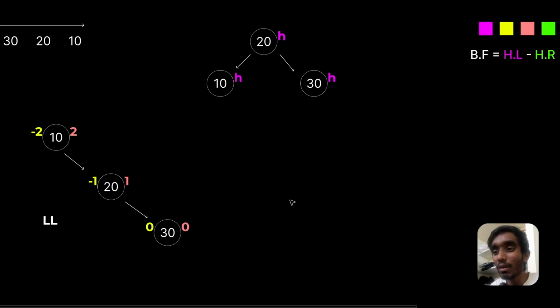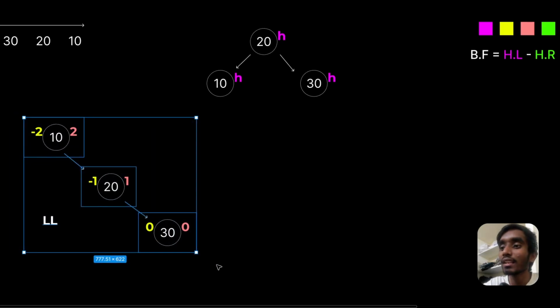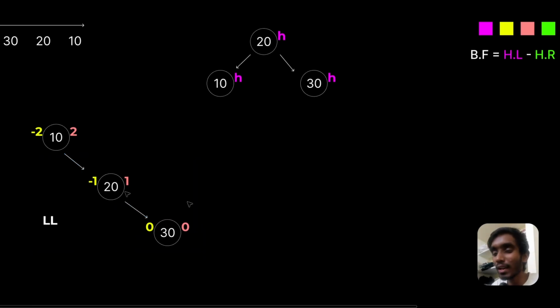The rotation will be the opposite, RR, because the left has the larger balance factor; for 30 it is 2, so we make the rotation in the opposite direction, that is RR, pure RR. When will it be LL or RR? If the diagram is linear, like a straight line, you can just remember the way you want it. At that time we perform pure rotations.